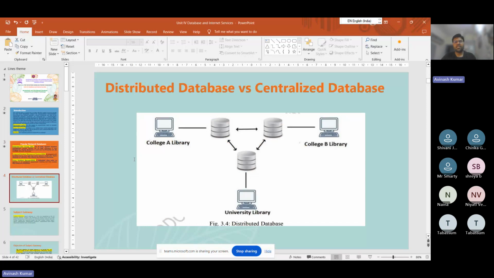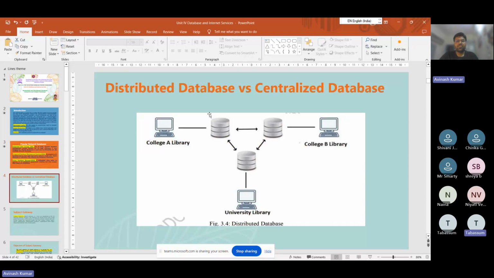As you know, distributed data means one organization distributes to another organization, that is called a distributed database. And a centralized database is a database hosted at one point, and then you can distribute to other points. This is the picture of a university library, and this is the database. You can see that the university library distributes to college A and college B library.